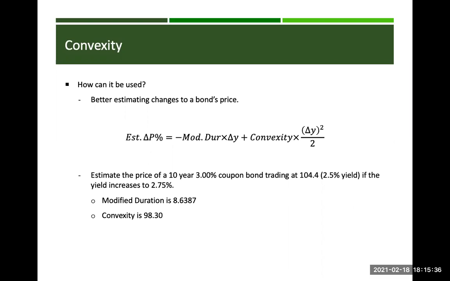How can you actually apply convexity? And those of you that are interested in taking the CFA examinations, I believe this is still part of the curriculum. Understanding how to apply convexity. If they give you a bond with semi-annual coupon, and they specify the coupon rate and the maturity date and the duration or modified duration and the convexity, you would have to then use that to find the answer.